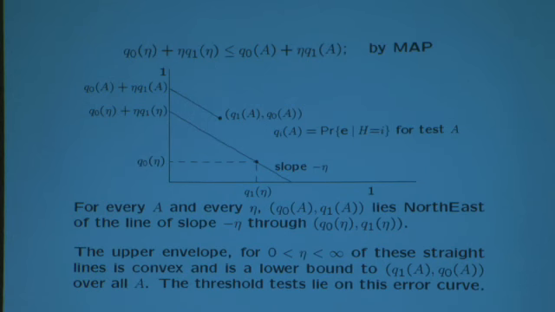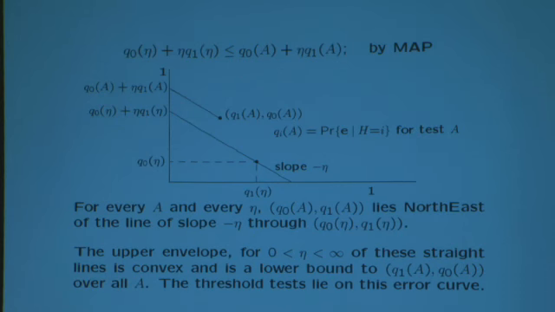This point is Q0 of A plus eta times Q1 of A, another line of slope minus eta. What we've shown is that this is less than or equal to this, because of the MAP rule.